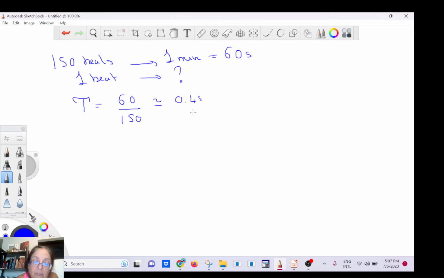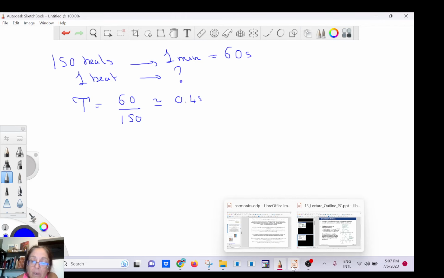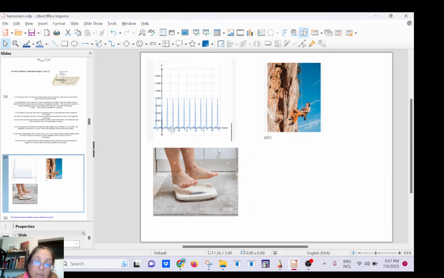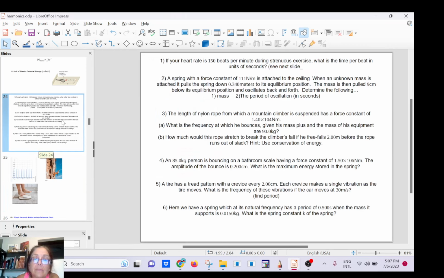Of course, it depends if you are exercising or just being relaxed. But you see it kind of makes sense. That's 1, that's 2, so that's 1 second. That's about 0.5 seconds, half of a second. Okay?